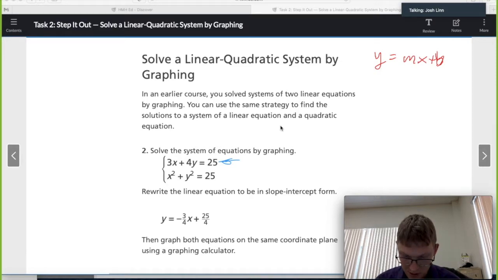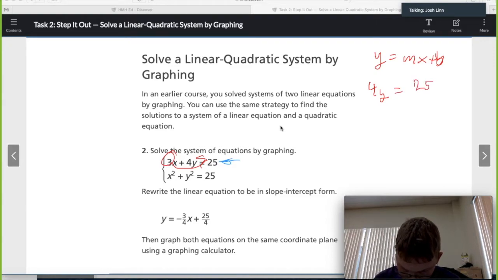Okay? So I'm going to move the 3x over to the other side. So I'm going to have 4y equals 25 minus 3x. We're going to divide both sides by 4.